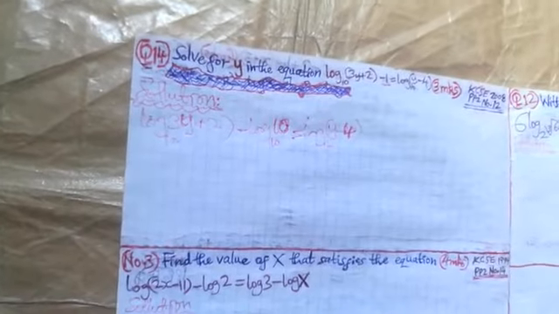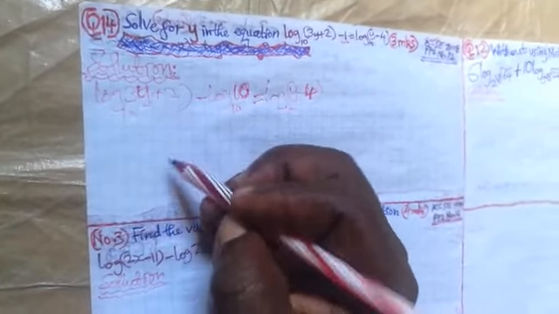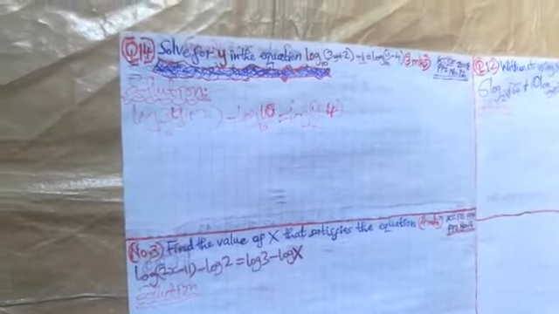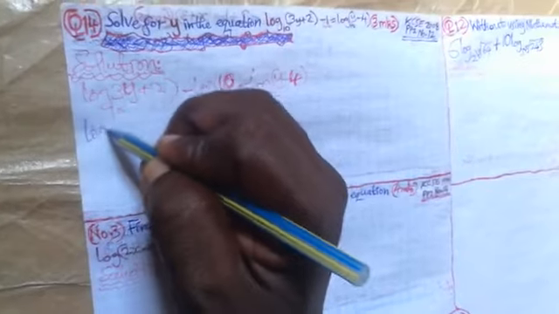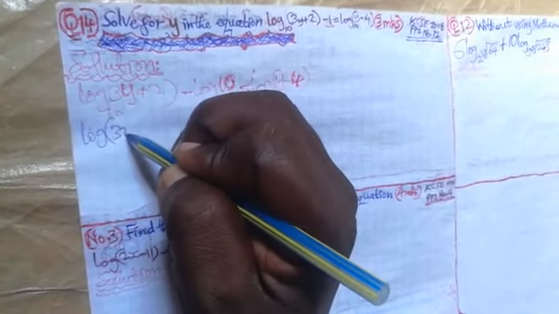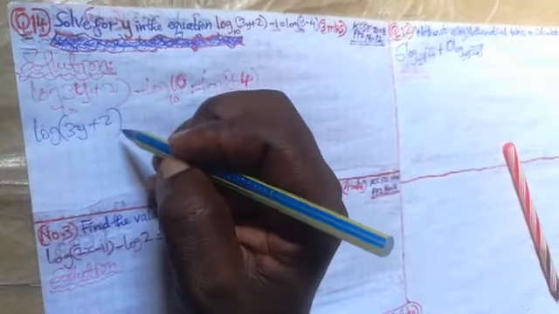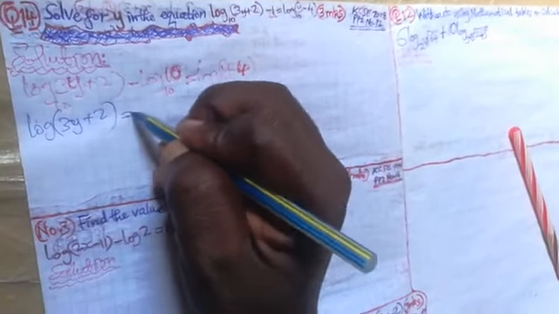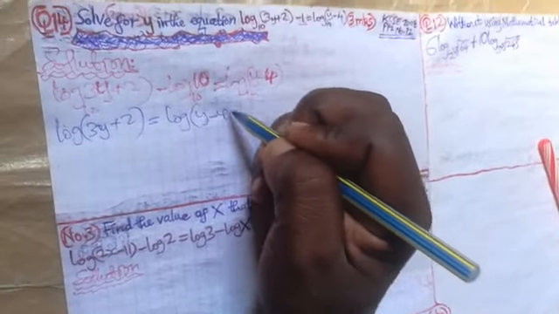So for this, we say that log of 3y plus 2, over 10, is equal to log of y minus 4.